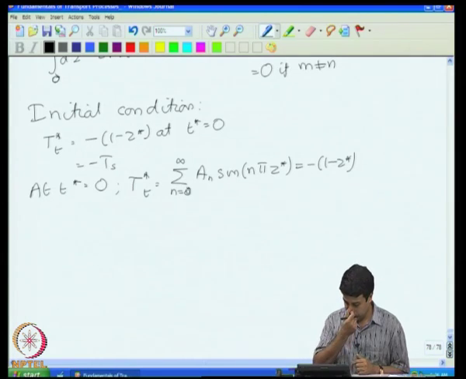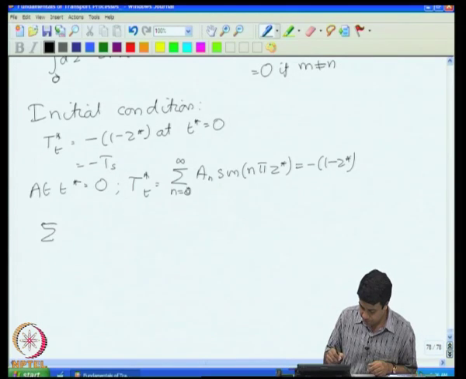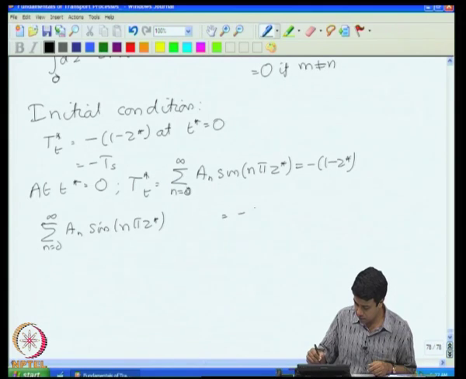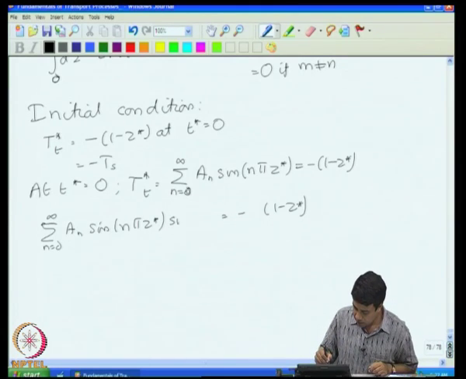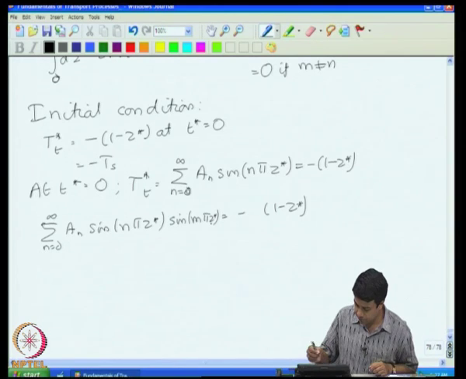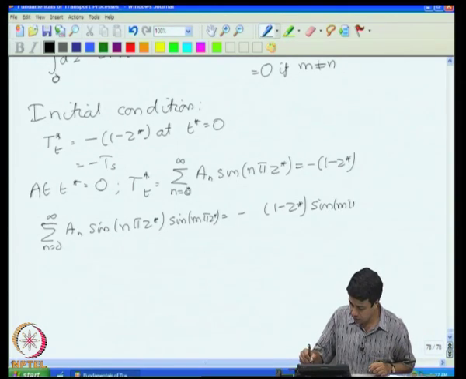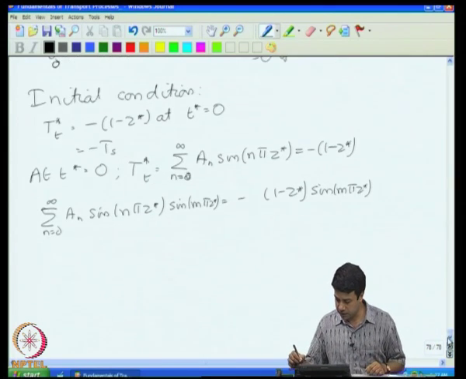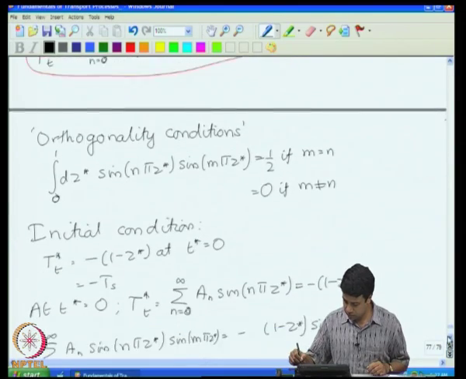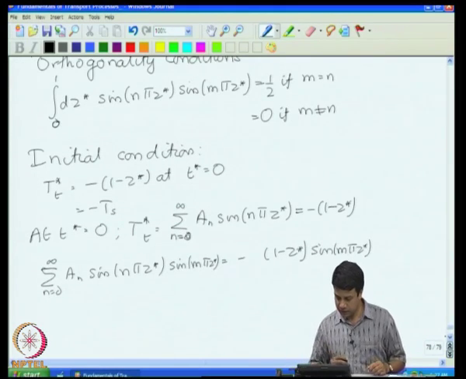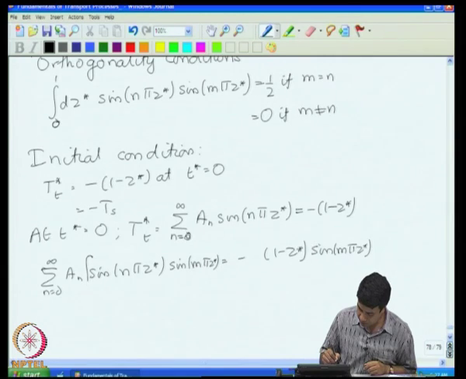That is done as follows. This equation that I have, I take both the left and the right hand sides and multiply by sine of m pi z, and then I integrate this from 0 to 1.